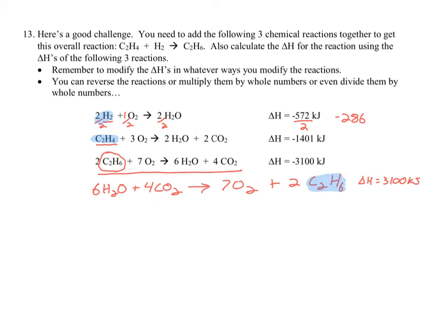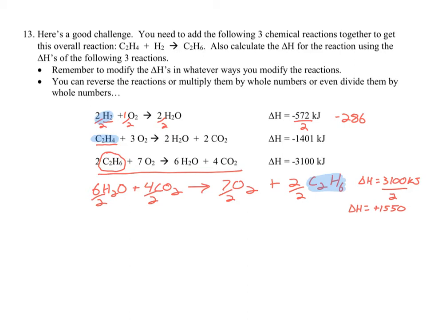So I need to go back to that reaction and divide everything in half. When I divide that in half, I also have to do the same thing with the delta H. And so now the delta H becomes positive 1550.